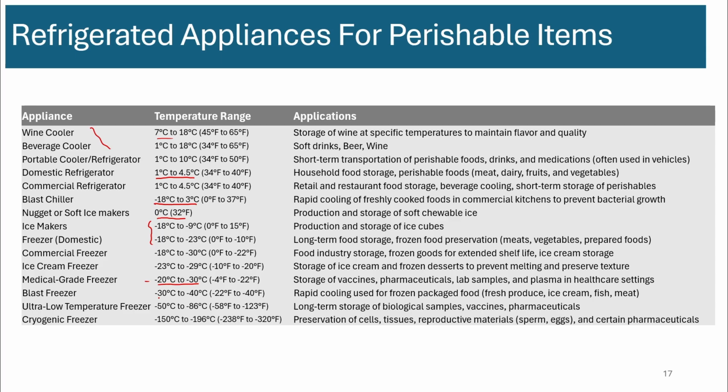For creating frozen packages for quick freezing, you need a blast freezer. That's also cold. But storing really perishable vaccines like the COVID mRNA vaccines, and some biological samples need extremely low temperatures, up to minus 86 degrees C. And even further, for storing even smaller biological samples like reproductive materials, for example, you've heard about eggs being stored for future use.